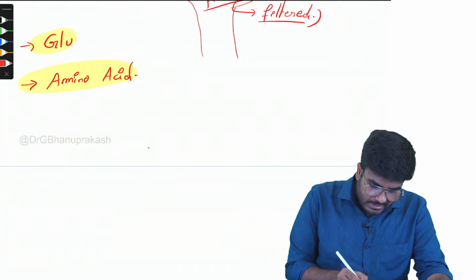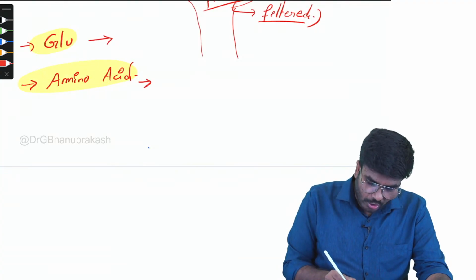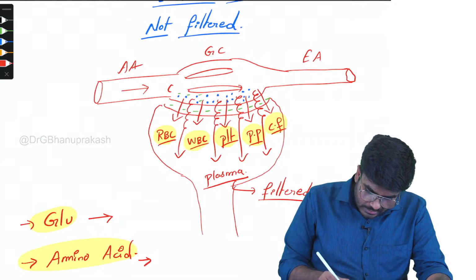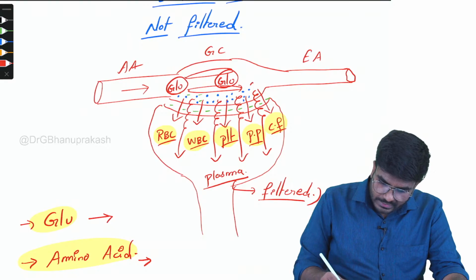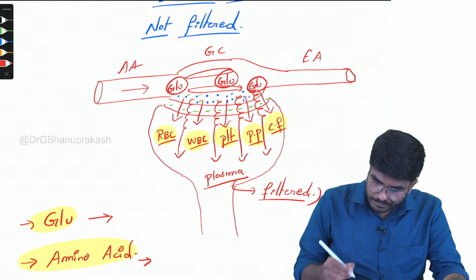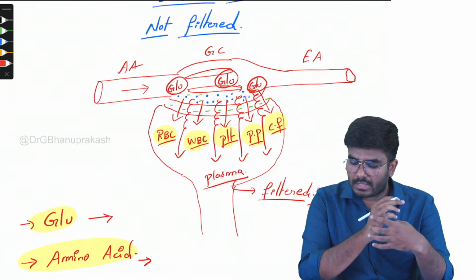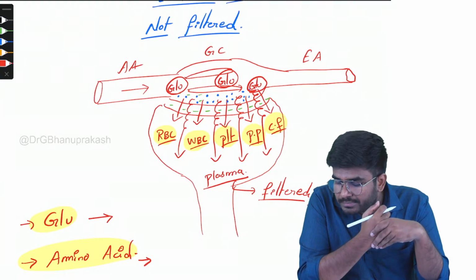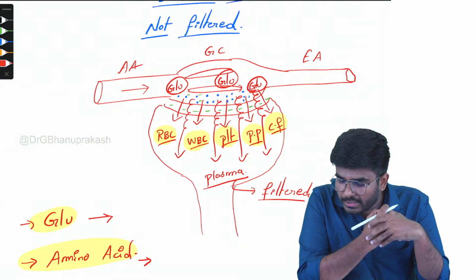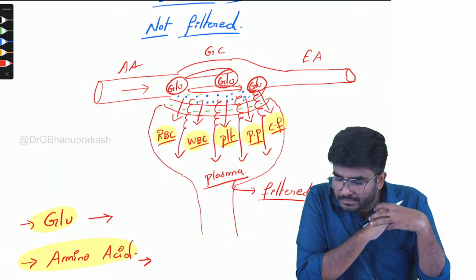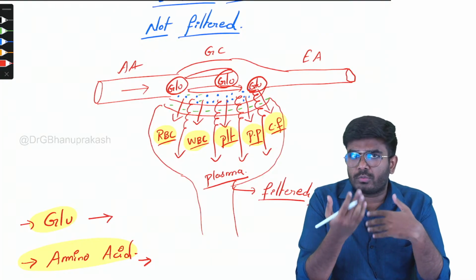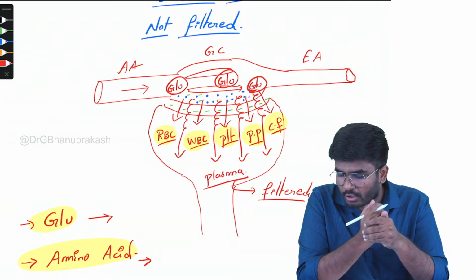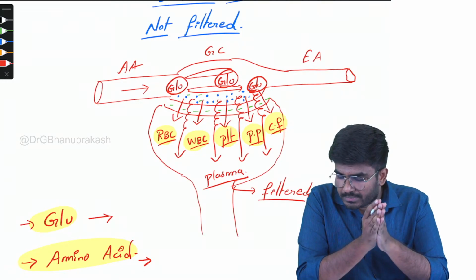You think and answer. Glucose is coming to the nephron. Glucose molecules, will they be filtered or not? I'm seeing the chat box. You can be interactive with me. Anyone? Even if you don't know, just try to answer. There's nothing wrong if you answer it wrong.